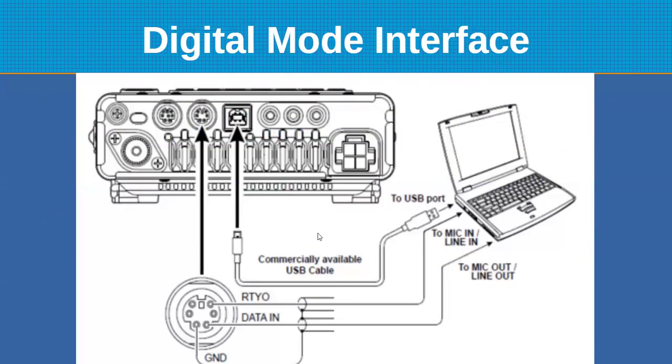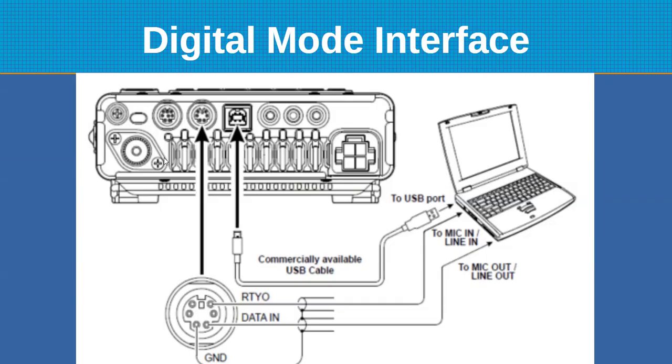This is kind of showing 2 possible connections between a laptop and a transceiver. So you're either going with an A to B type USB cable, which is typically the way it would hook up, or your mic or line in and your mic or line out, depending on how they're labeled on your computer or laptop, to whatever the input ports are on your radio.